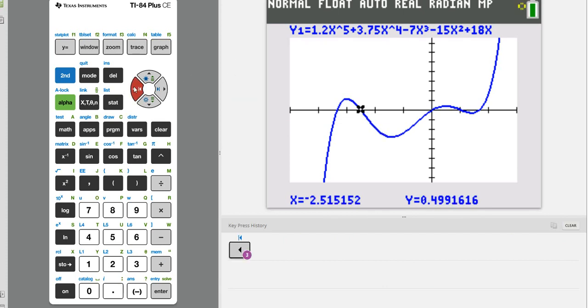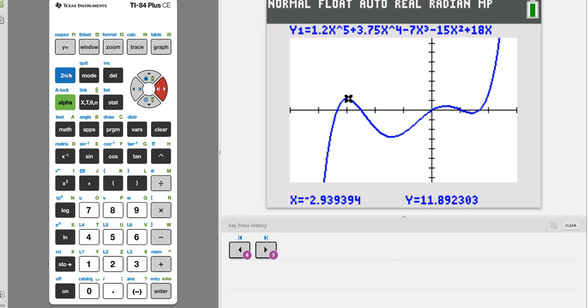Now this point over here, around here, that's the biggest thing nearby. Is that the biggest y value for the graph overall? No. No, but locally in its neighborhood, it's the biggest value. So that's a local maximum.